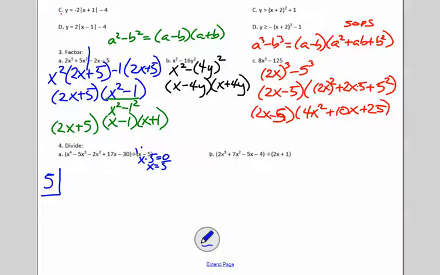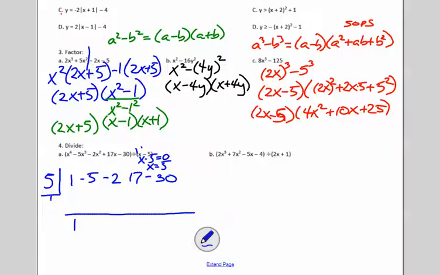Then I put the coefficients, 1, negative 5, negative 2, 17, negative 30. So you bring the first number down, that goes below the line.